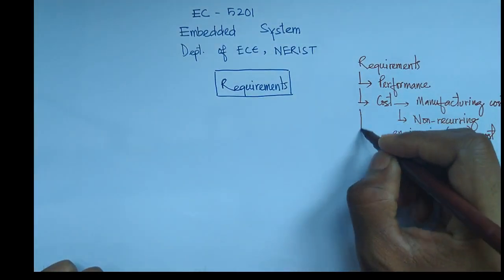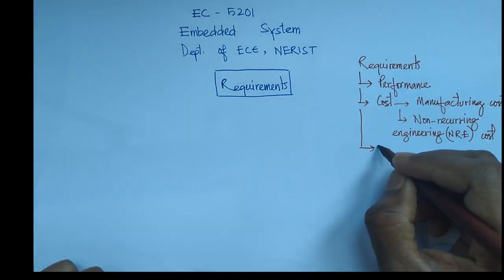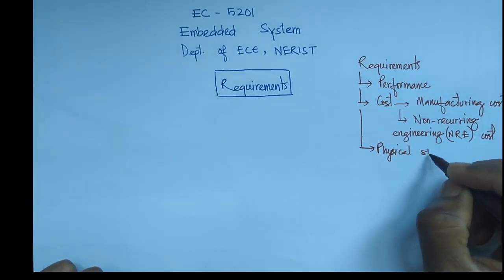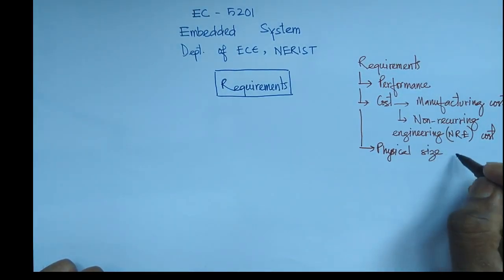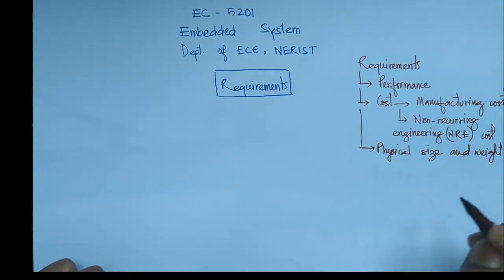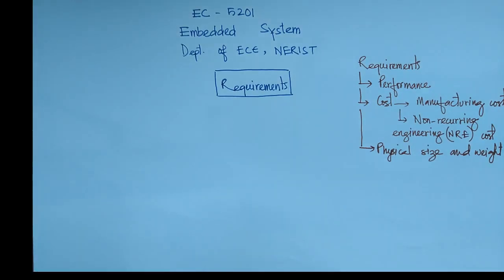Now after the cost, we also need the physical size and weight. Now this physical size and weight, it may vary from system to system, but for the particular application it should be within a certain limit.